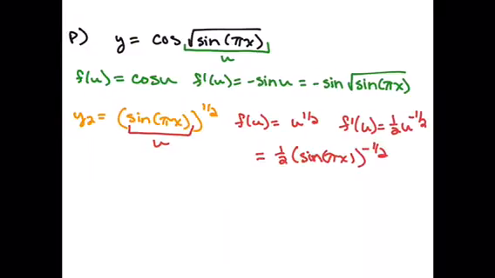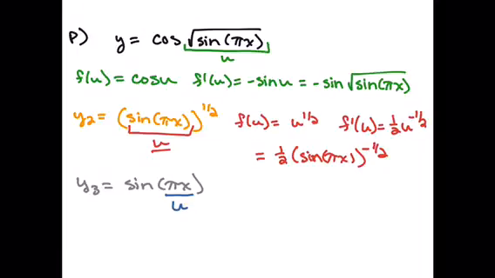And then we need another function for this u here. So we're going to let that function, a third function, be defined as sine of pi x. In this case, I'm going to have another inner function. We're going to say this inner function is pi times x, so that's my u.